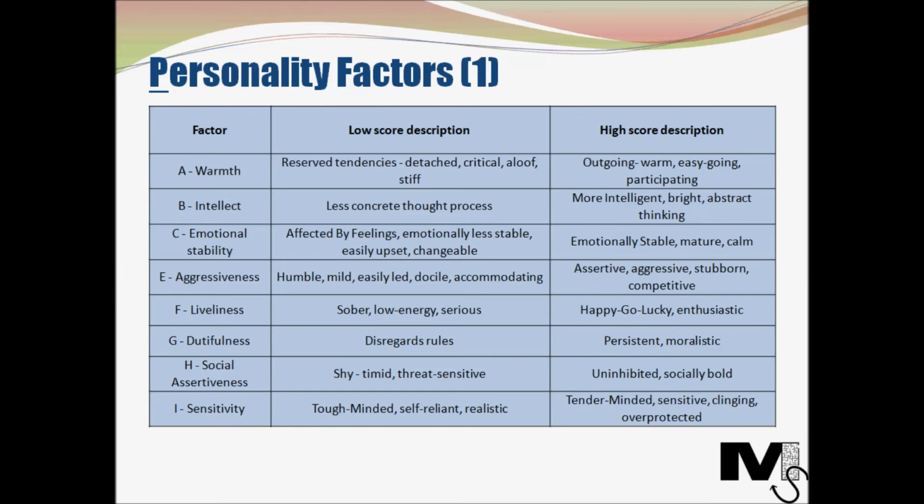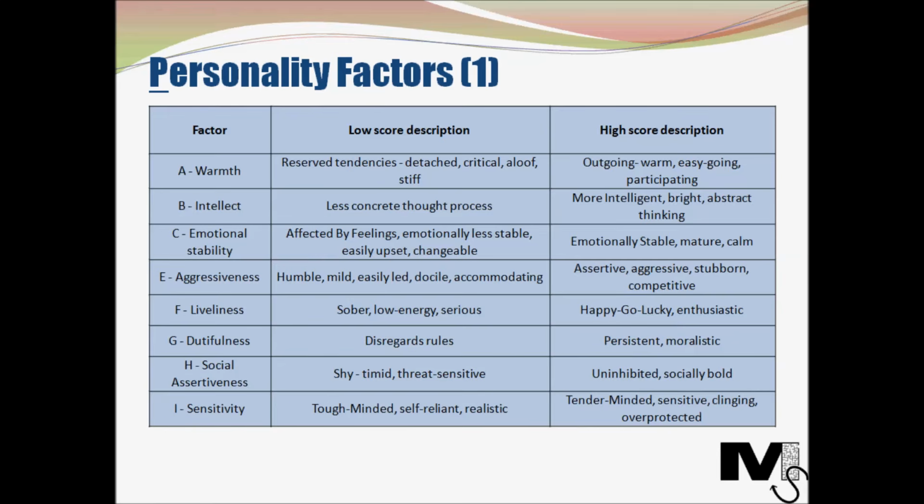E is aggressiveness. A low score means being humble, mind easily led, docile, or accommodating. And a high score description obviously means being aggressive, assertive, stubborn, and also being competitive. F is liveliness. A low score can mean being quite sober, having low energy, and being serious in most situations. And a high score description means being happy-go-lucky and enthusiastic.